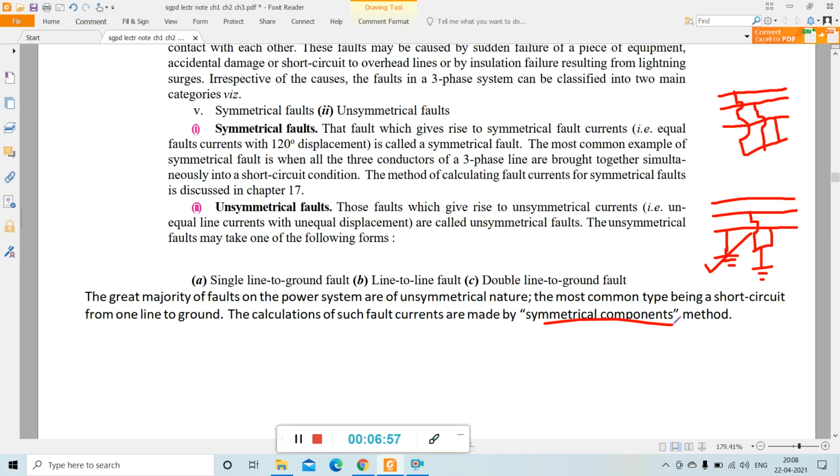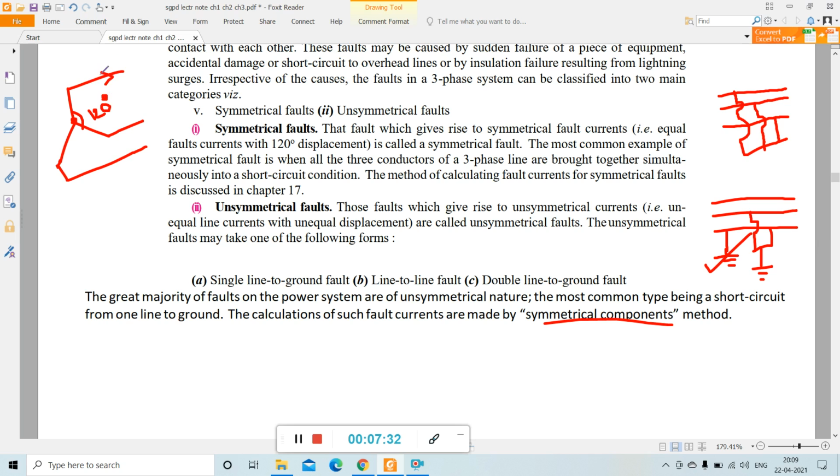In your syllabus we discuss only the calculation of symmetrical fault current, because in a symmetrical fault, see, this is R, this is Y, this is B, and their displacement is 120 degree. Symmetrical fault means equal fault current with 120 degree displacement.